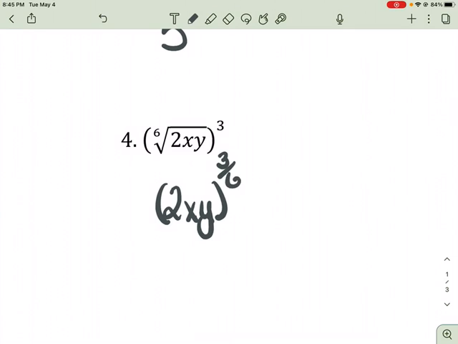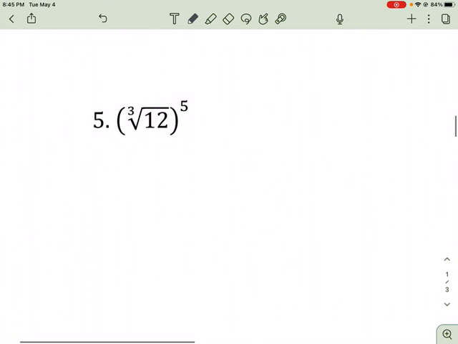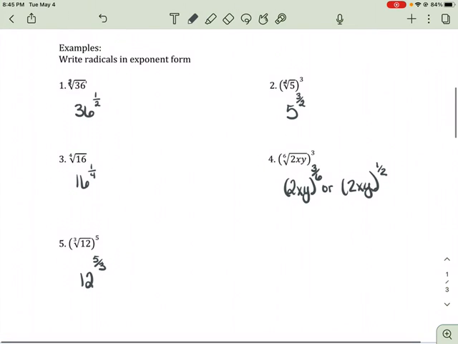Our denominator is 6. Now you can write that as 1/2 if you choose to do so. All right, let's try this one. So we get 12. Our exponent is 5. Our denominator is 3. Okay, so that's the key: the index is the denominator and the exponent is the numerator.